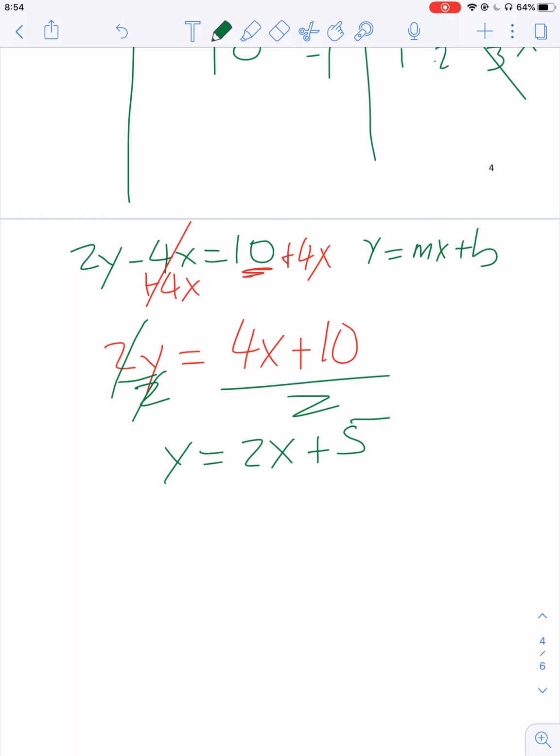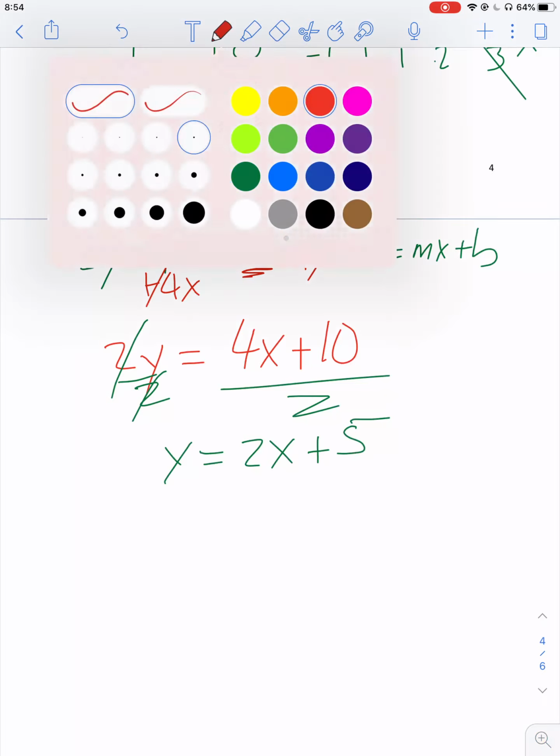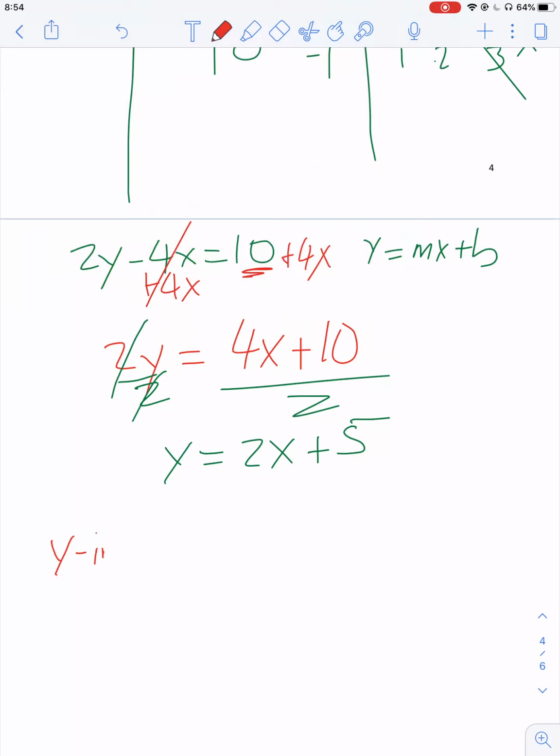So let's find the y-intercept first. The y-intercept is, obviously this is your y-intercept. You can kind of see it by inspection, but if you do this by definition, then you have to replace x by 0. And when you do that, you're just going to get 2 times 0, which is 0, plus 5, which is 5.